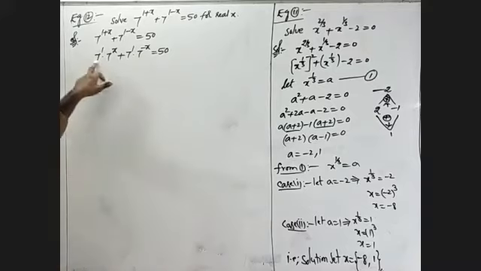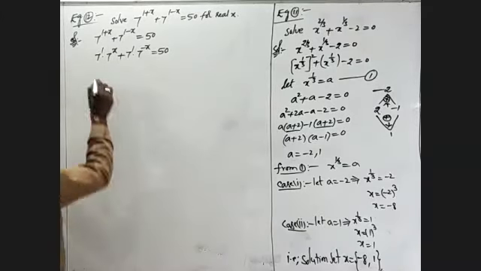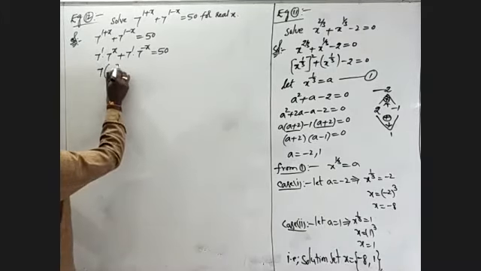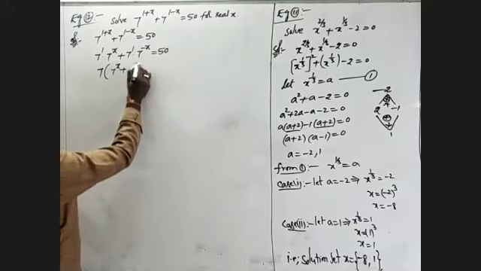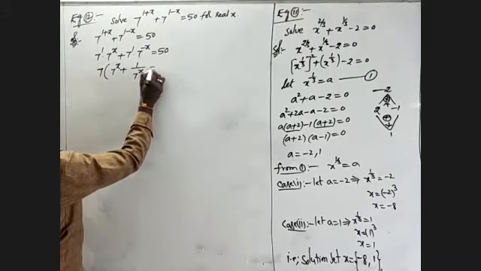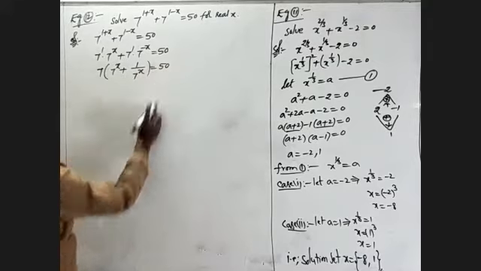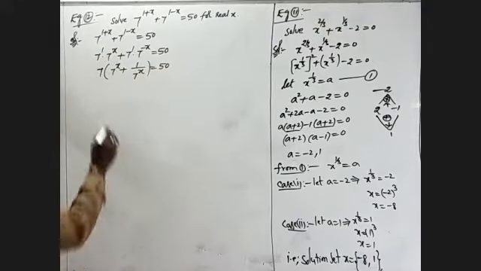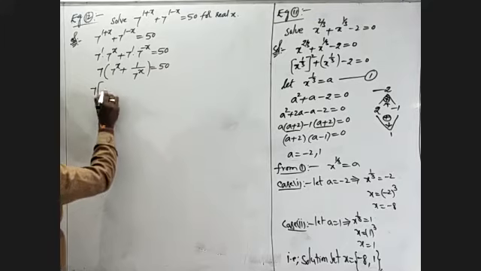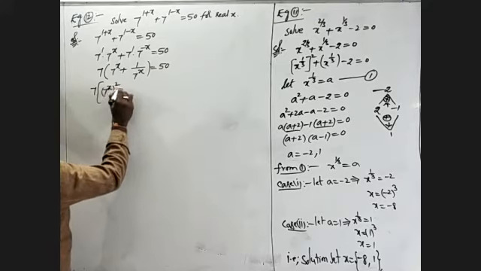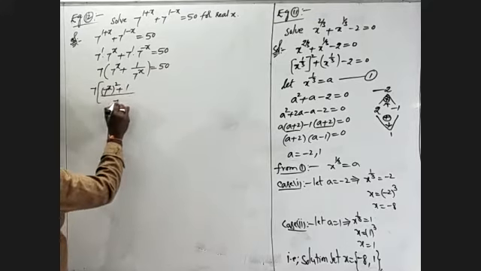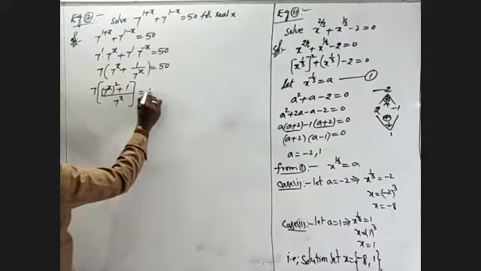Right? 7 power 1 will become 7. I will take 7 common, remaining we have to write 7 power x plus 7 power minus x, which is 7 power x, is equal to 50. Multiplying, I will write 7 into 7 power x whole square plus 1 by its denominator 7 power x is equal to 50.